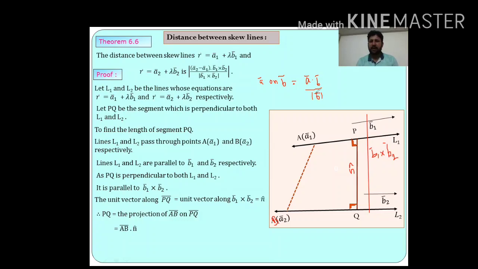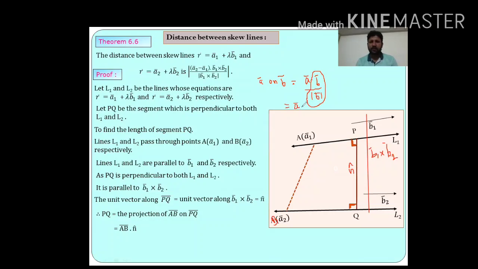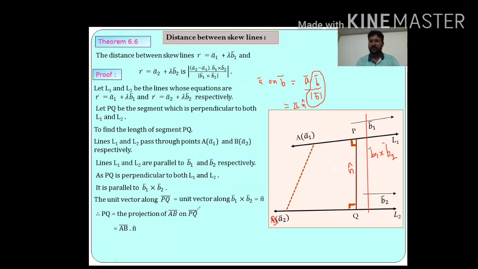And this B bar divided by the magnitude of B bar represents a unit vector along B bar. So it is simply expressed as A bar dot n cap, the unit vector along B. Same way here, the projection of AB on PQ is taken, that is AB bar dot with n cap, where n cap is a unit vector along PQ.